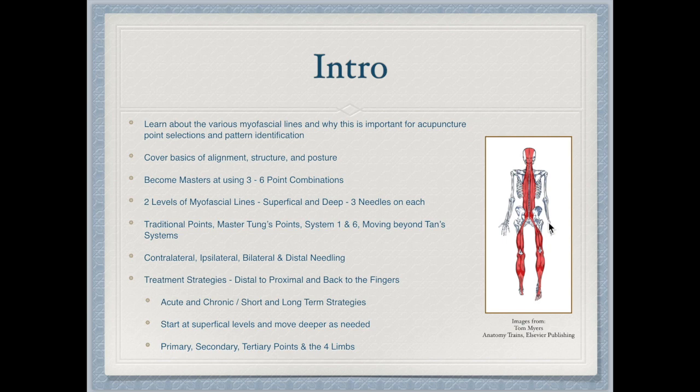By doing different points on different sides, such as here in the hands, you're going to be able to reach more levels, more energetic levels, more neurological levels, and more myofascial levels as well. So you're able to do a lot more with fewer needles. And this is one of the keys to using fewer needles: doing different points on different sides of the body.